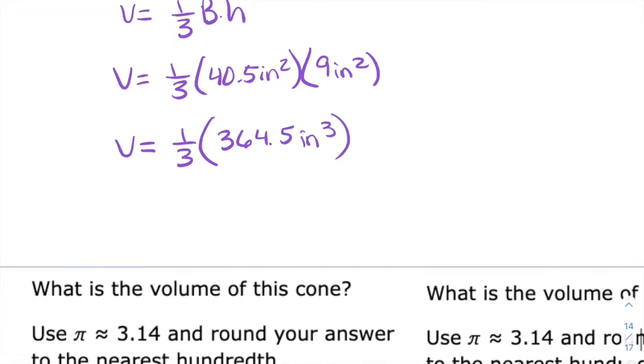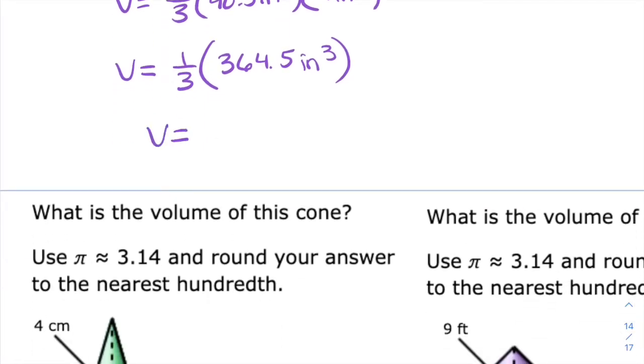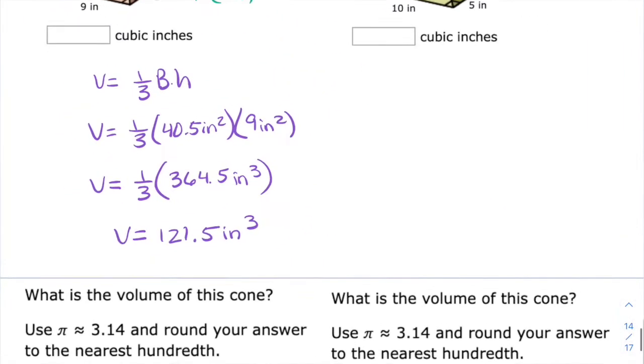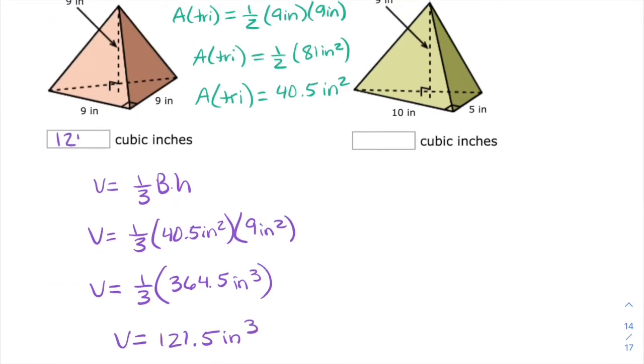And we'll divide that by 3, and I get exactly 121.5 inches cubed. Awesome. 121.5 cubic inches. Okay.